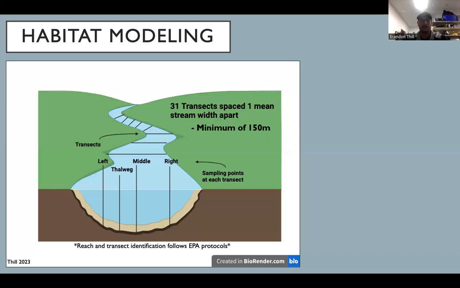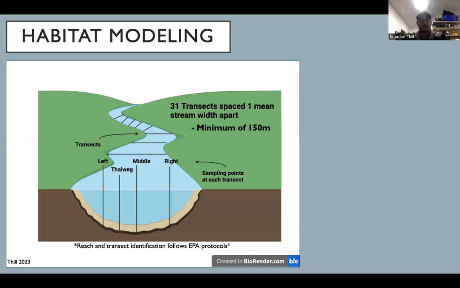And I'll continue with this 150 meter long example here. So each stream reach was divided into 31 transects. And each transect was spaced 1 mean stream width apart. So for my 150-meter long stream reach, I had transects spaced 5 meters apart.